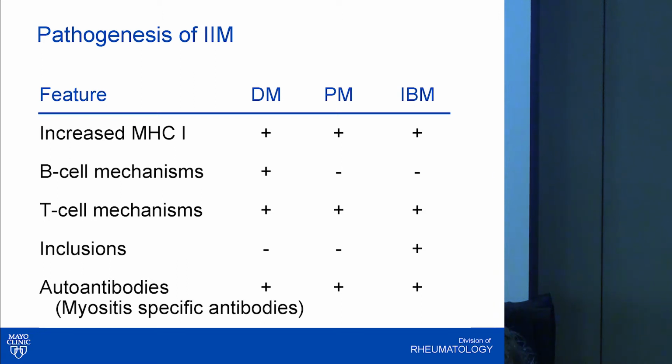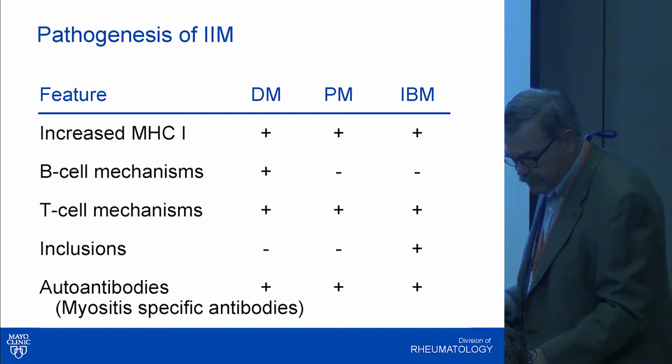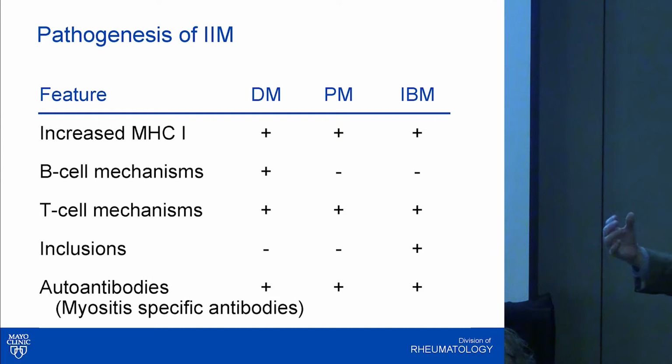It's not specific for influenza or staph or strep, but it just says, gosh, this is something foreign, and is the first alarm signal that brings up this interferon that Dr. Mayman talked about yesterday, and the interferon then makes the MHC on muscle go up. After the innate immune system, there are two main parts of the immune system.